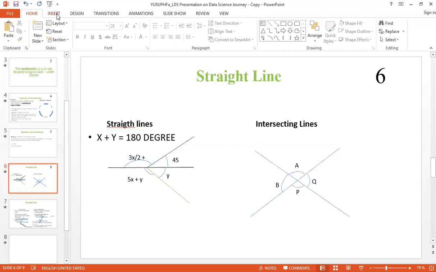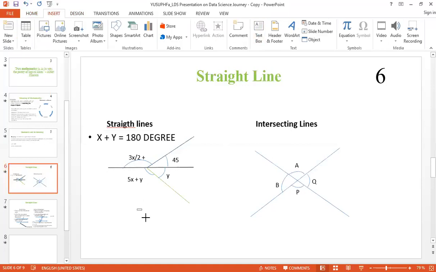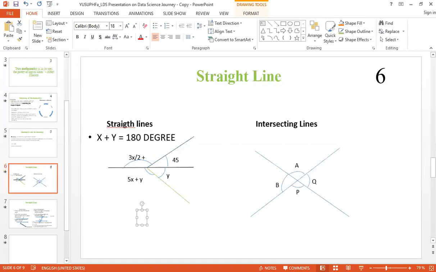Here, I was supposed to put P. This is P. This center here is Q. And here is R. Just be patient, okay?